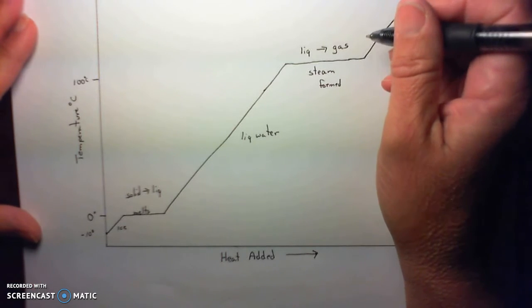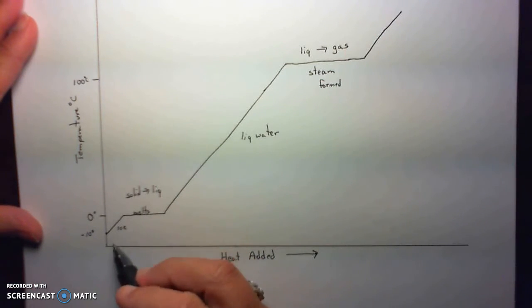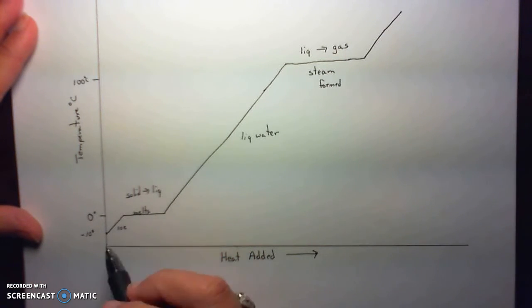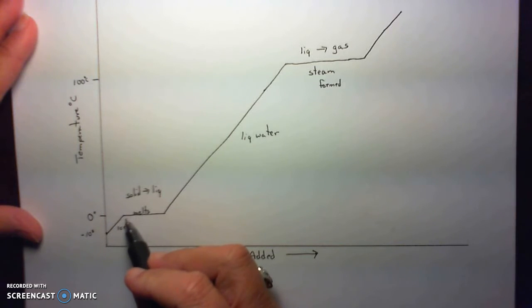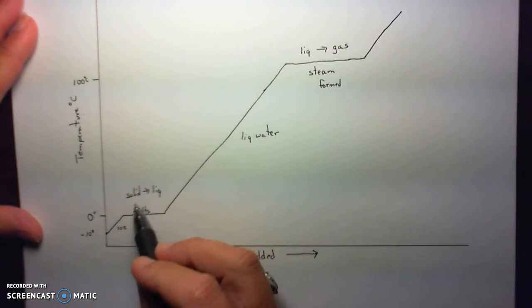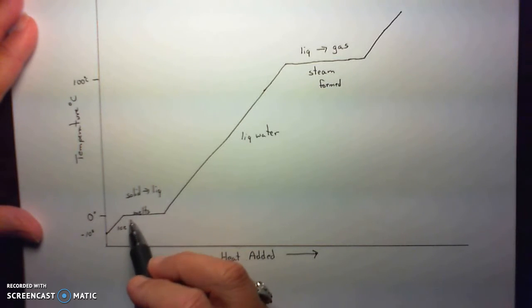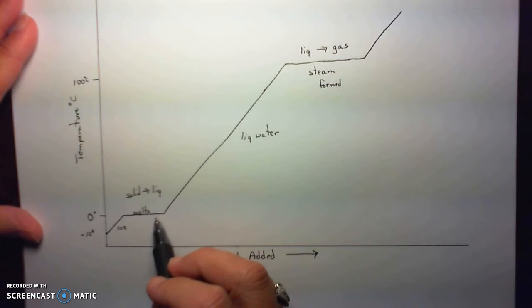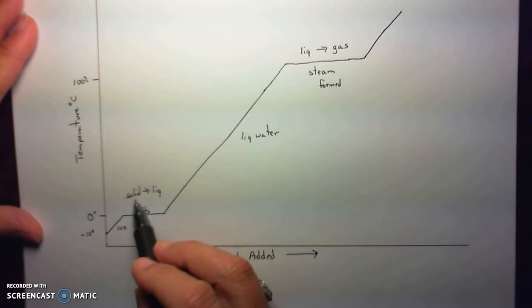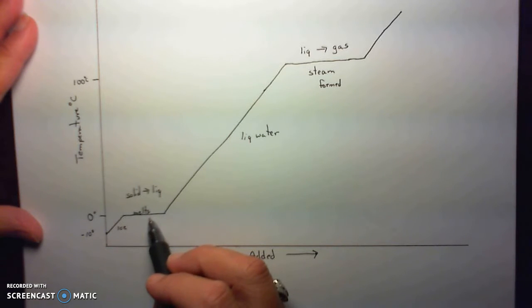Okay? So the important things to note are that as you add heat energy, the temperature will increase until you get to where this transition occurs, and then the energy no longer increases the temperature, but it instead melts the solid.